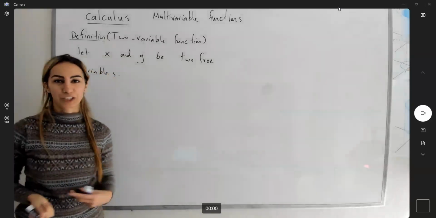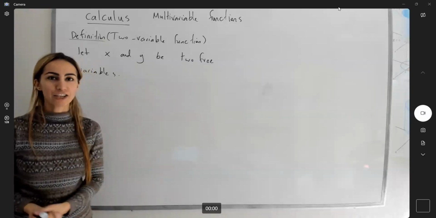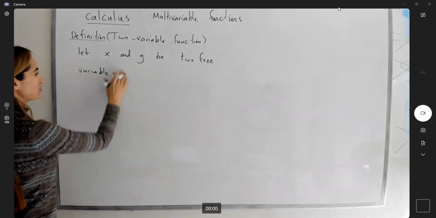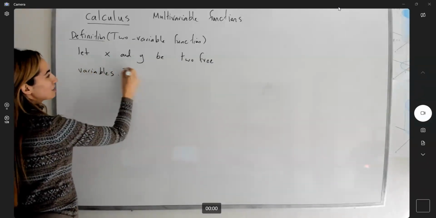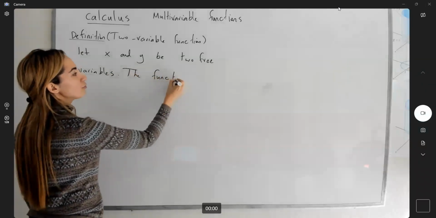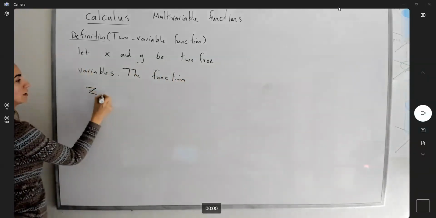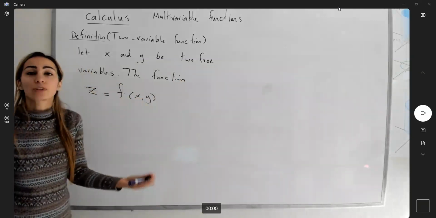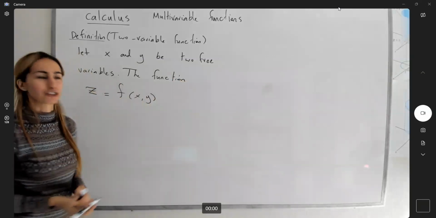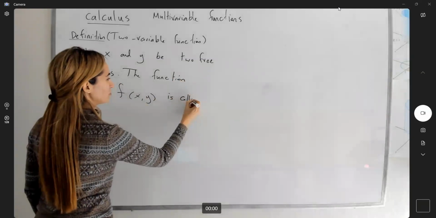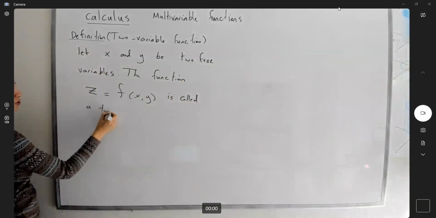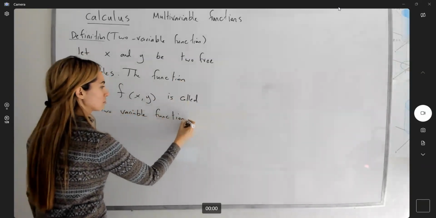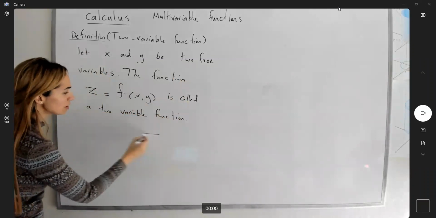We can take a machine like f, like g, like h, combine these together and create something new. The new function, z equals f of x and y, is actually called a two-variable function.